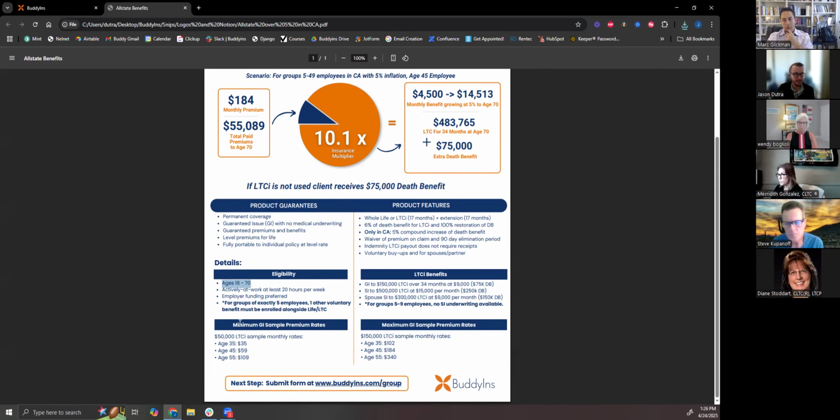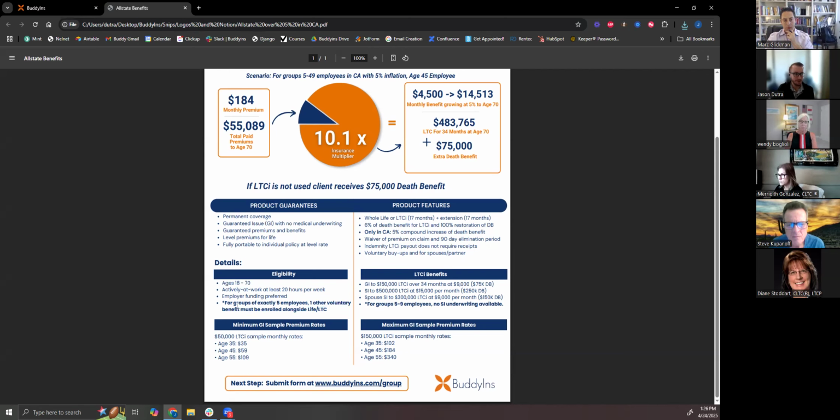You can see we have ages 18 to 70 here. One little extra note: up to age 80, you can access the whole life benefit, no long-term care. We just put it in long-term care terms, showing 18 to 70.